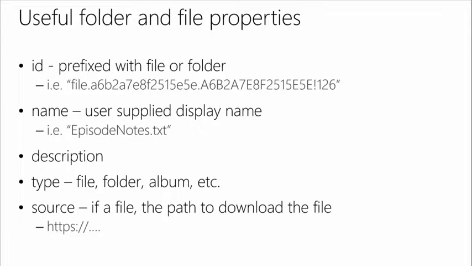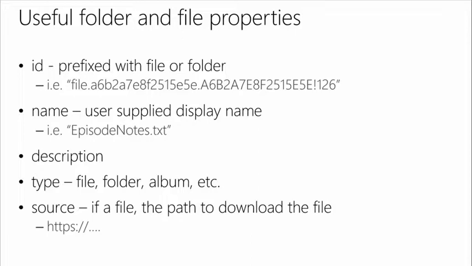They all have an ID. Now, you can tell the difference on the ID if it's a file or a folder just because it's prefixed with file dot or folder dot. That's right. Makes it kind of easy. Yep. And as you can see, the rest of the identifier just rolls off the tongue and it's easy to share with everybody. Hey, Jerry, do you want my file, A6B2, blah, blah, blah.